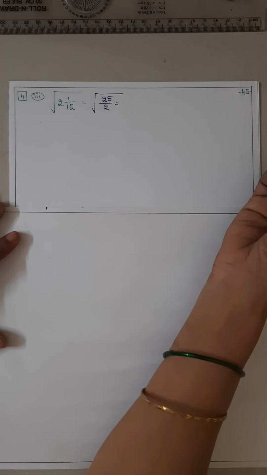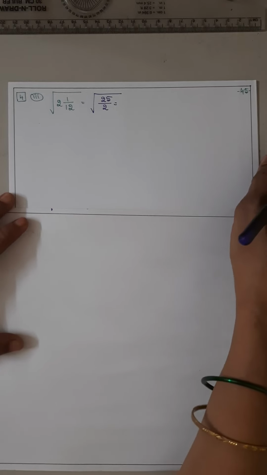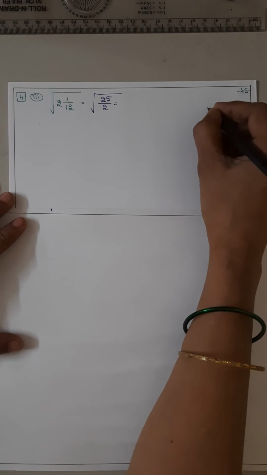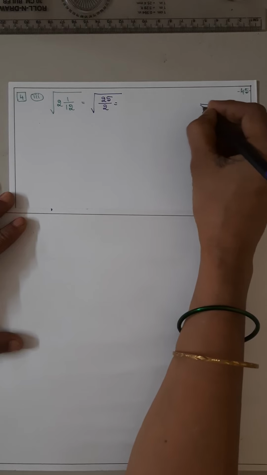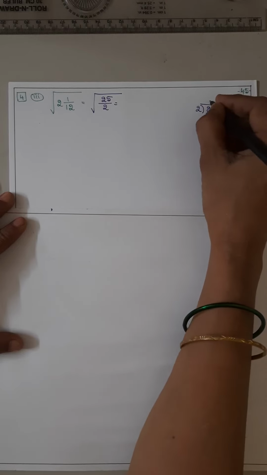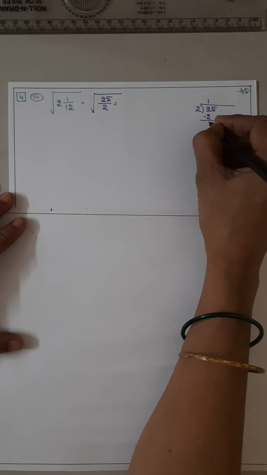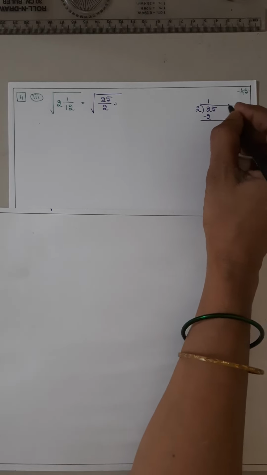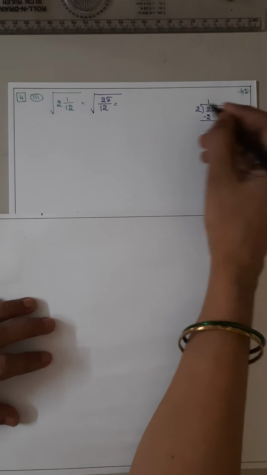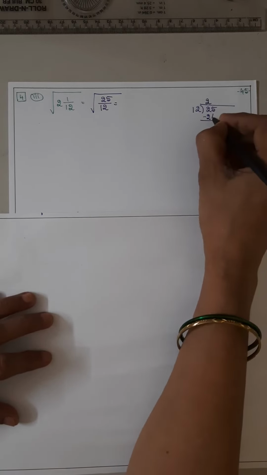Okay, now we have to divide and see. So it is 25 divided by 12. Sorry, it is 12. 12 twos are 24.